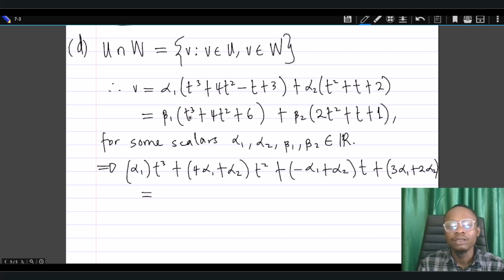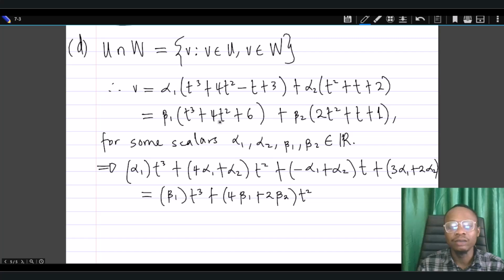So that is equal to, we do the same thing for this side. t cube is not here on the first term, so that is just going to be beta 1 multiplying t cube. Then the next one, we have 4t squared, when we use it to multiply this, we have plus 4 beta 1, then for this we have 2 beta 2, so this will be plus 2 beta 2, multiplying t squared.